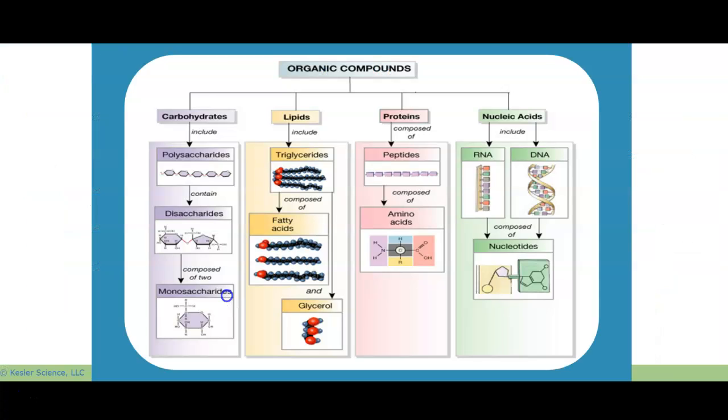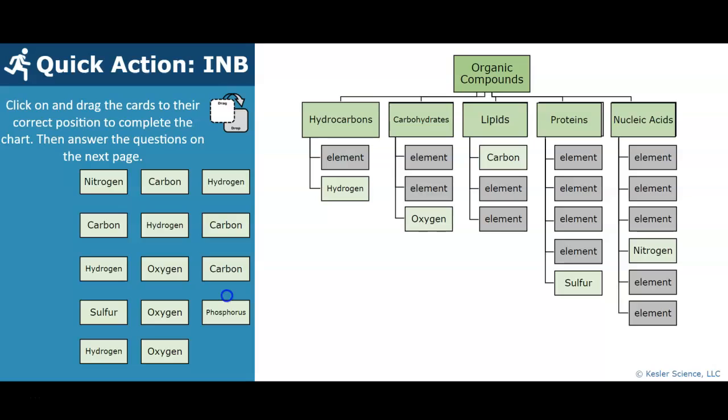Okay, so here we can see a flow chart of organic compounds, what carbohydrates are, lipids, proteins, nucleic acids. Now here you are going to put the elements that make up hydrocarbons, make up carbohydrates, make up lipids, proteins, and nucleic acids.